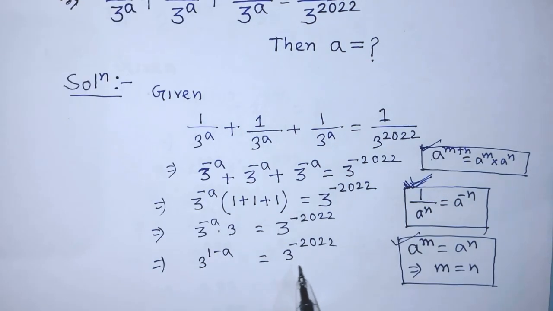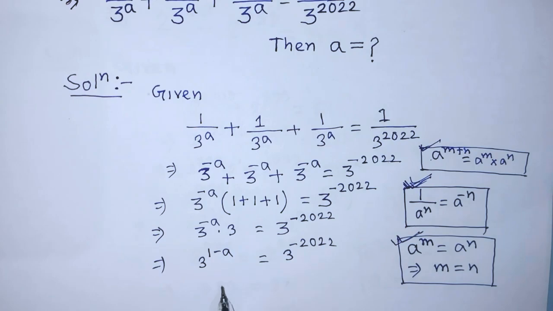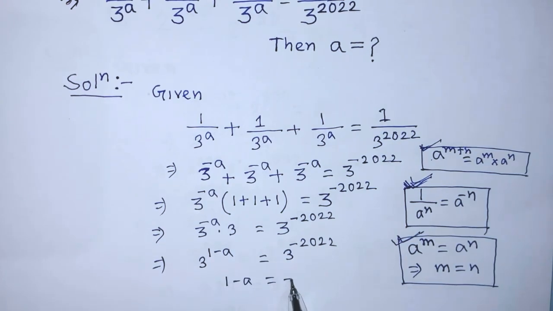So student, to find the value of a from this equation, we have to apply this formula: a to the power m is equal to a to the power n implies that m is equal to n. So student, according to this formula we can write from this equation 1 minus a is equal to minus 2022.